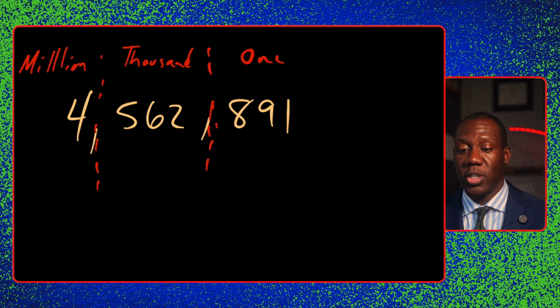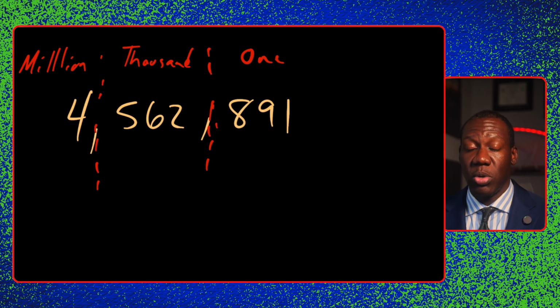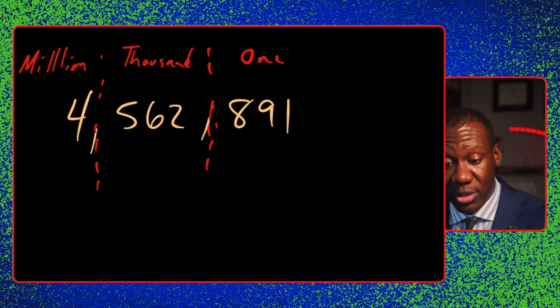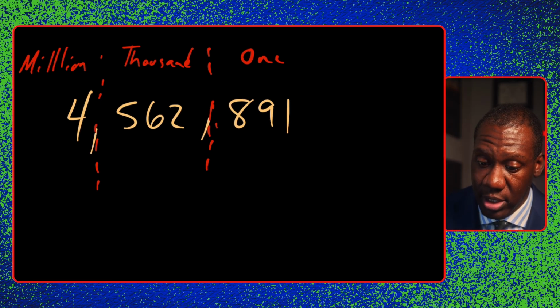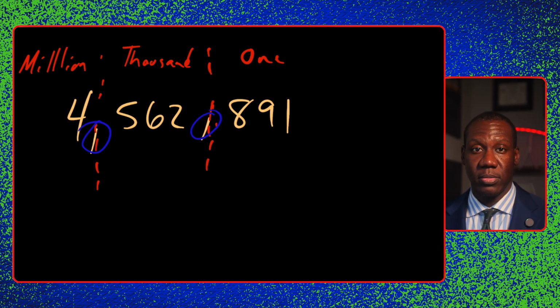So these are the three sections that we'll be going over today, or the three houses, and they're separated by commas. These commas right here separate our houses.